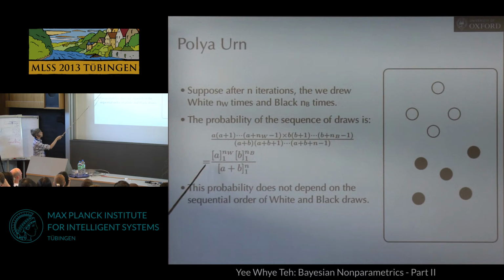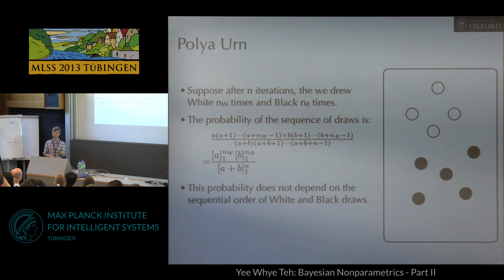Which we can rewrite in this way, where this thing here is a rising factorial in A, so A times A plus 1, A plus 2, with n_w terms, so it ends up with A plus n_w minus 1. And similarly, this is a rising factorial starting from B, and this is a rising factorial starting from A plus B. So that's the probability of this sequence, and you see that this probability doesn't actually depend on the ordering of white balls and black balls that you see.